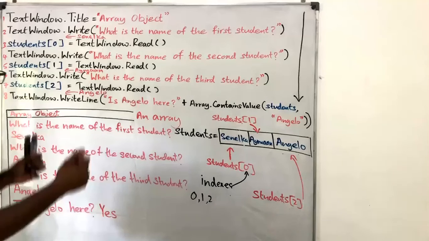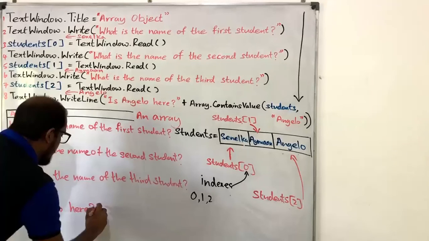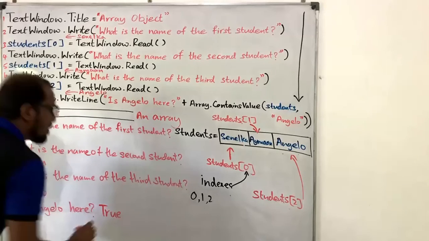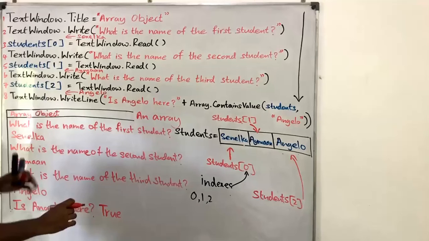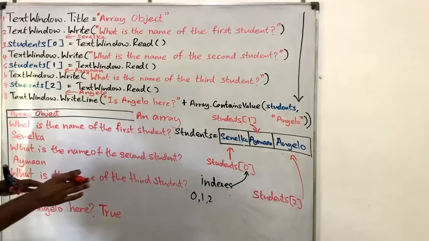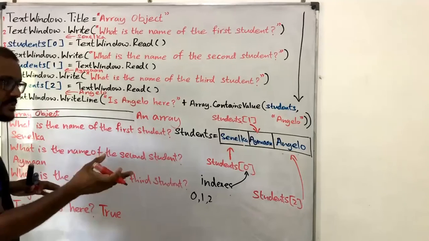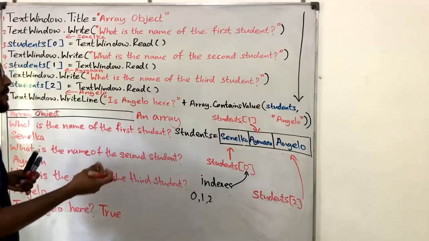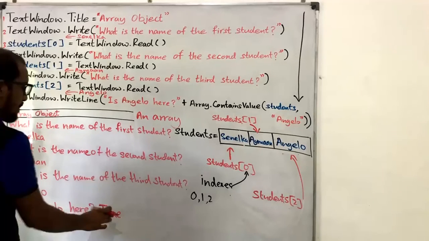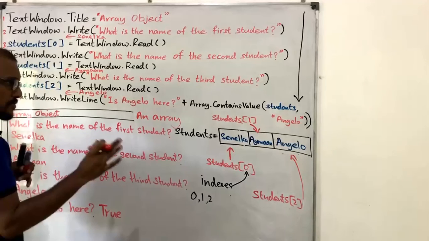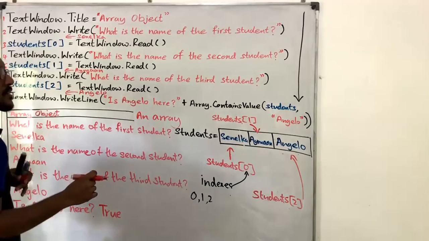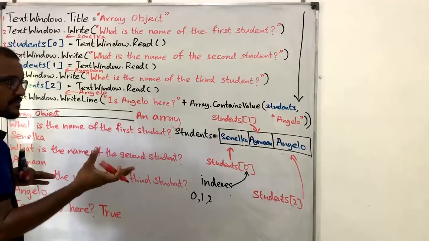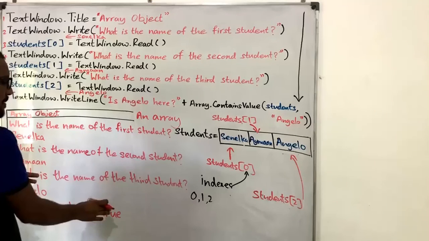It will say true or false. True for yes, false for no. In your array, do you have Angelo? Yes. In our spoken language, we say yes, but in programming, we say true. Yes, true. Do you have the Angelo? No. But in programming, we say false. So instead of yes, the result will be true.